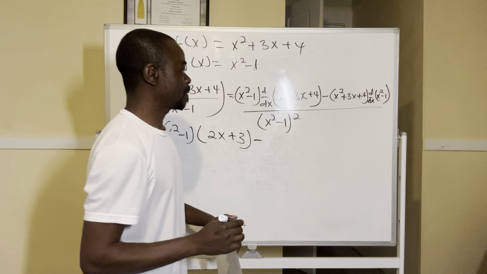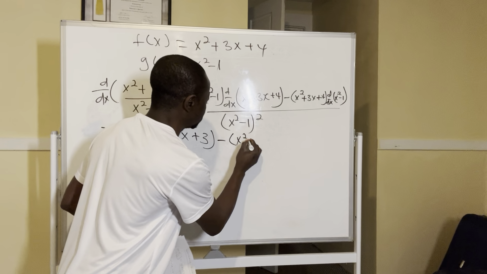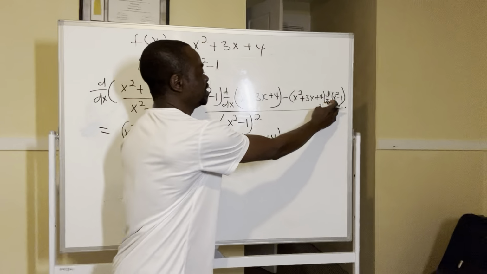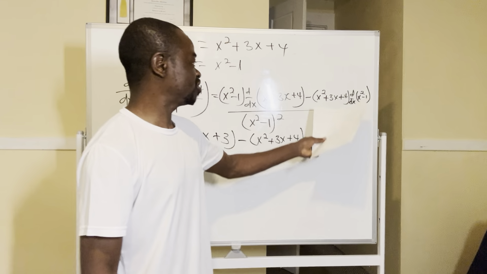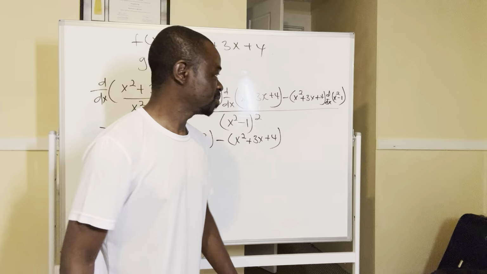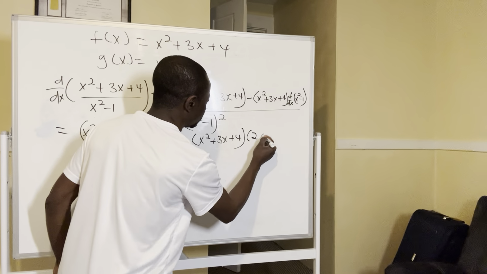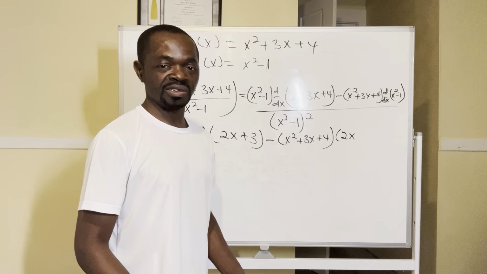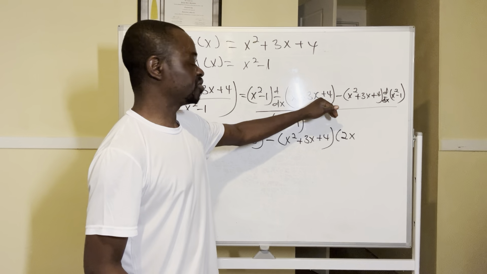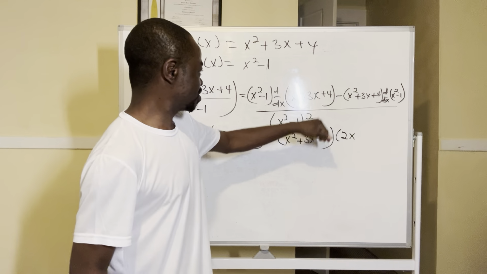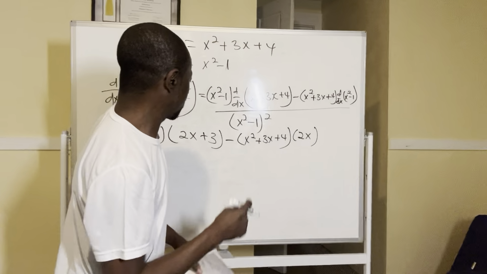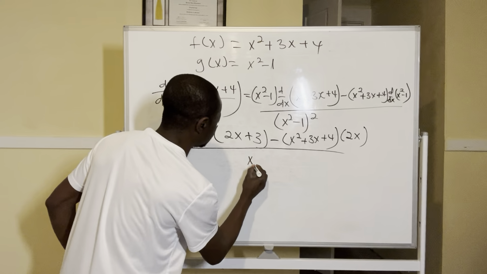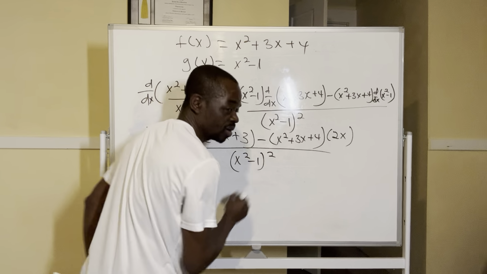And then this is minus x squared plus 3x plus 4. Now we are differentiating x squared minus 1. So we simply bring down the 2, multiply by x, and reduce the power by 1. So that's going to give us 2x. Then minus 1 is a constant term. If you differentiate it, it is 0. Just like here, 4 is also a constant, so that's why I didn't bring it here, because it's 0. So here it's just 0. Right, so this is all over x squared minus 1 all raised to the power 2.